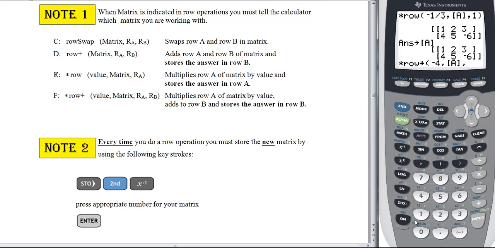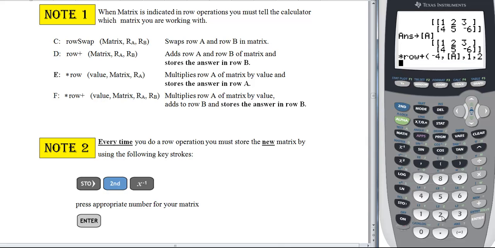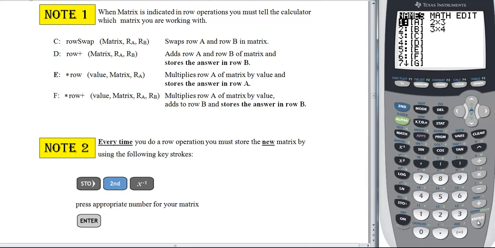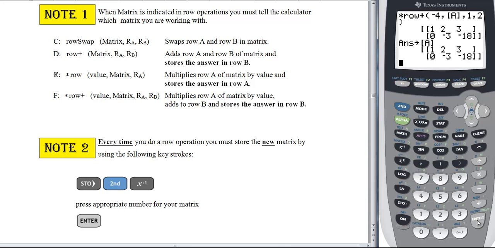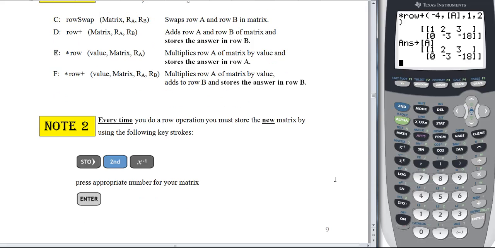So I want to multiply row 1, comma, change row 2, and store in row 2. So I'm multiplying -4 times row 1, and I'm adding it to row 2. Let's see if I get a 0 in that position. And yes, I do. Now if I wanted to keep that, then I go store, second matrix, enter, and enter one more time. And that's it, I believe, for this particular one.